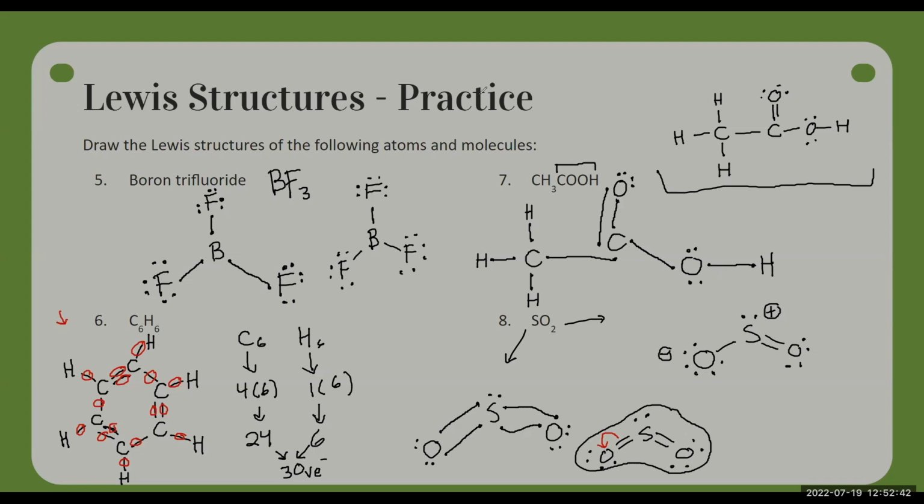We can always confirm our answer by counting our valence electrons. So if we do a quick count, we can do 2, 4, 6, 8, 10, 12, 14, 16, 18. So this bottom structure has 18 valence electrons.